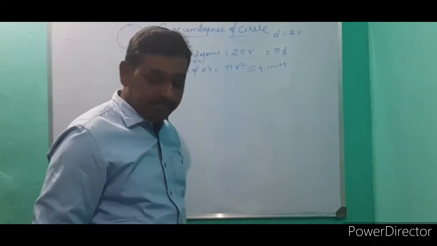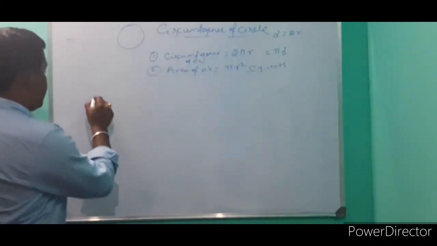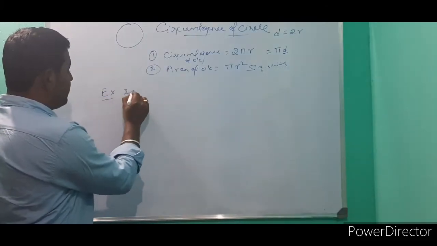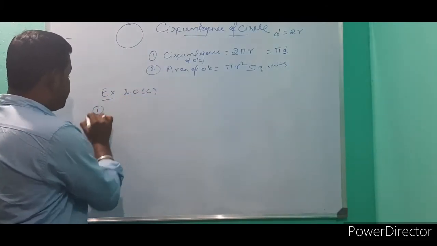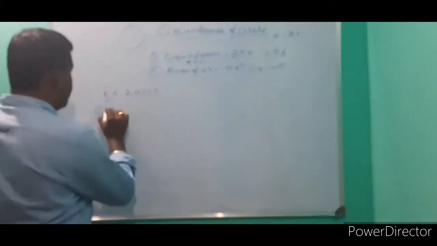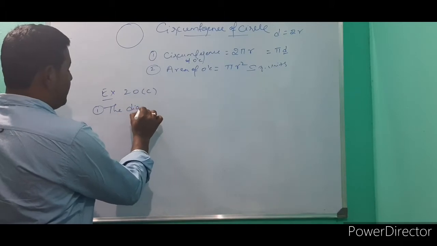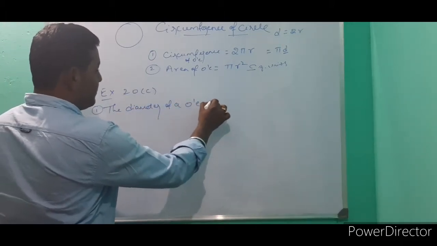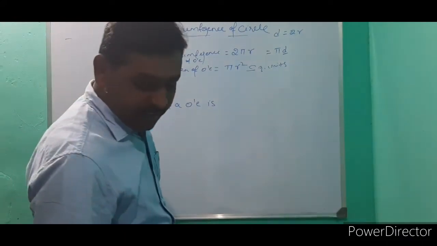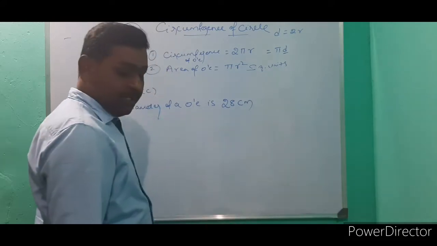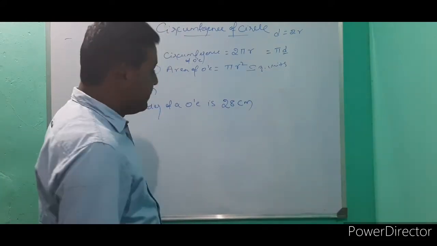First problem, exercise 20C. The diameter of a circle is 28 centimeter.